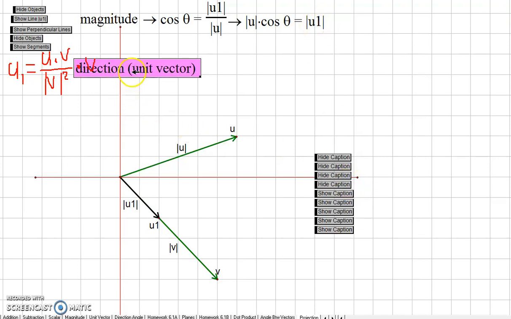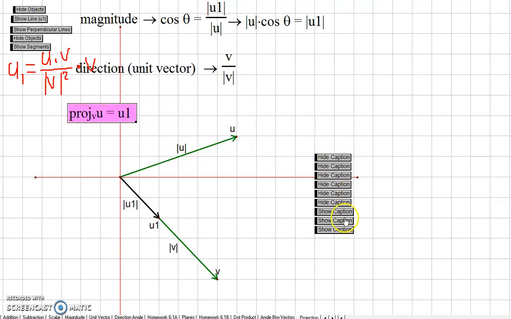The other thing we want to look at is the direction, and for that I want to be thinking about a unit vector. What is the vector that's going in this direction? In the direction of u sub 1, but also in the direction of vector v, it will always be that way, but it's going to be a unit vector. If I took vector v and divided by its magnitude, I now have a unit vector that goes in that direction.